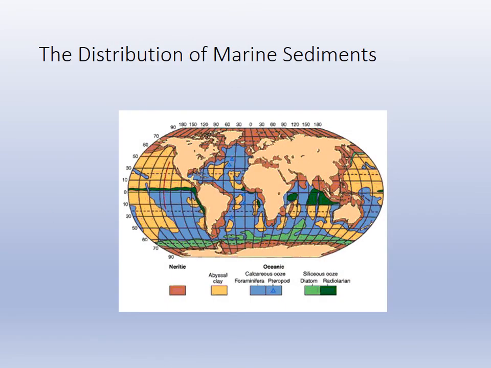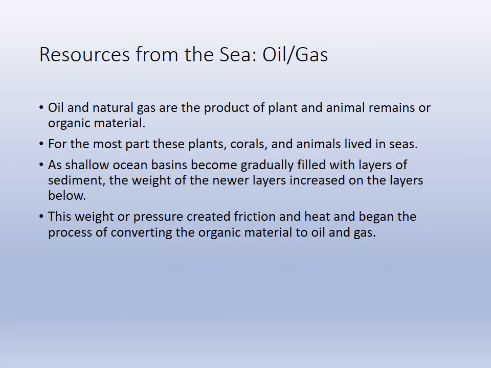The distribution of marine sediments, like I say, the blue represents biogenous, as does the green. So they're thin layer, but it covers the most area. The abyssal sediments and the terrigenous sediments are thicker, cover a little less area. I mentioned oils, natural gases, fossil fuel comes from sedimentation.